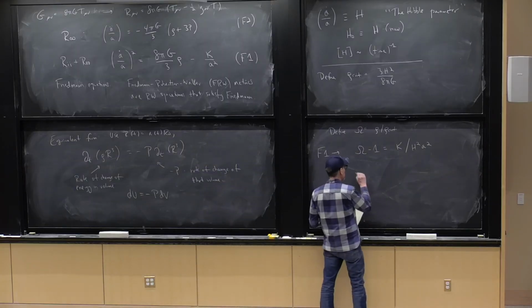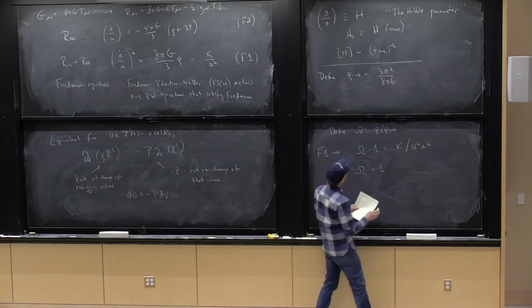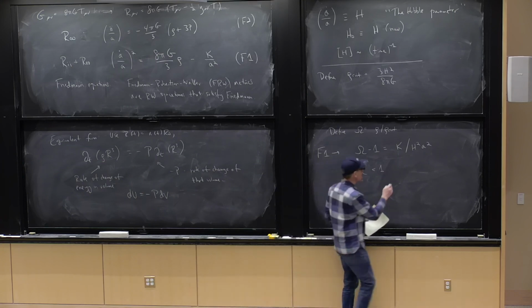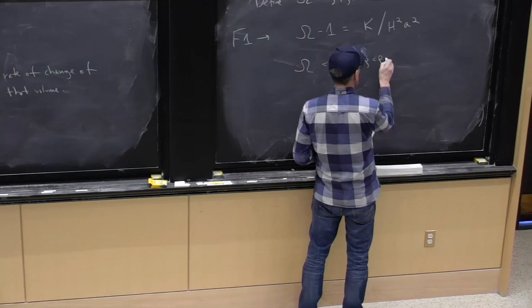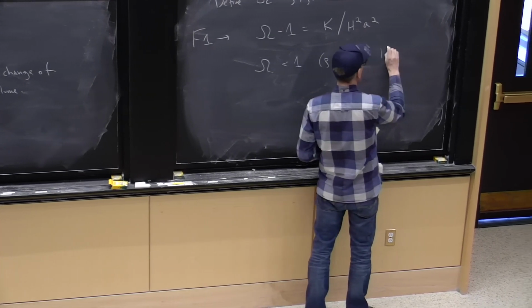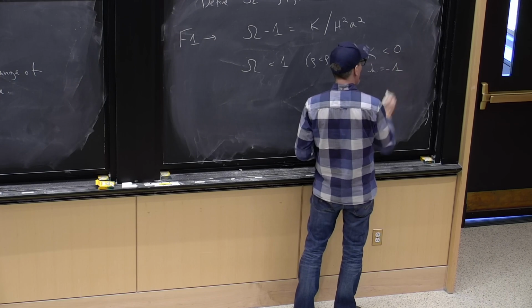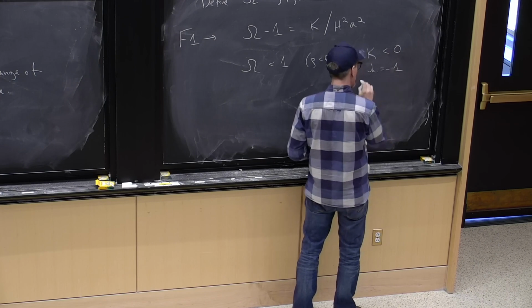If omega is less than 1, in other words, if rho is less than rho crit, then it must be the case that kappa is negative, k equals minus 1, and we have an open universe.